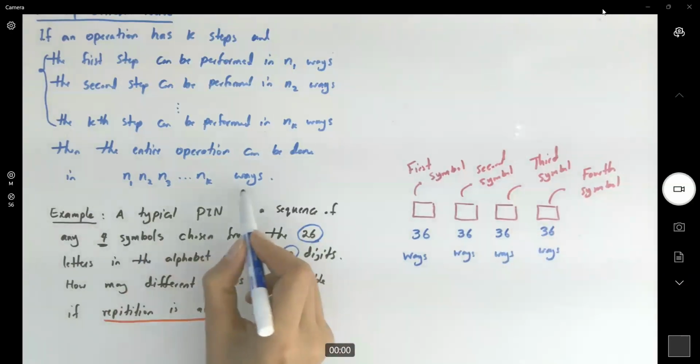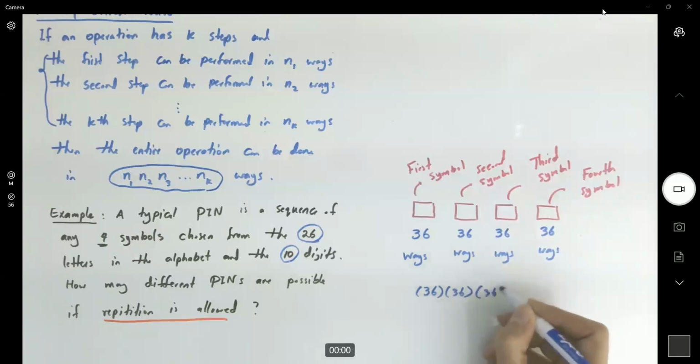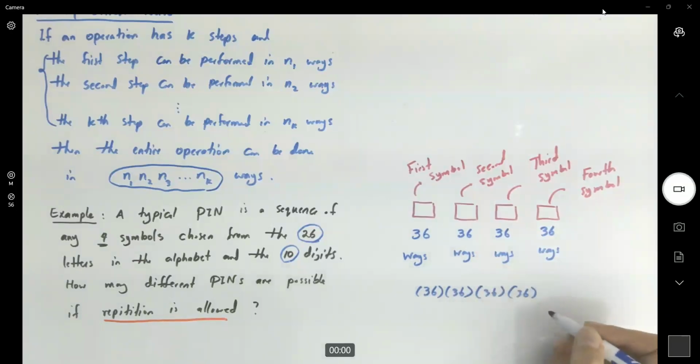So now the multiplication rule says, just multiply this together. 36 times 36 times 36 times 36.